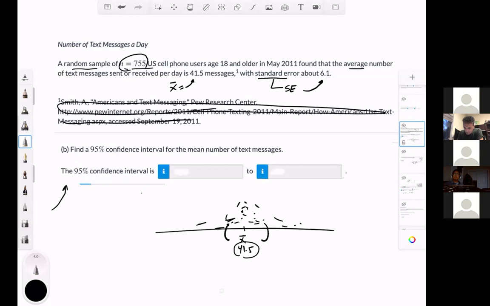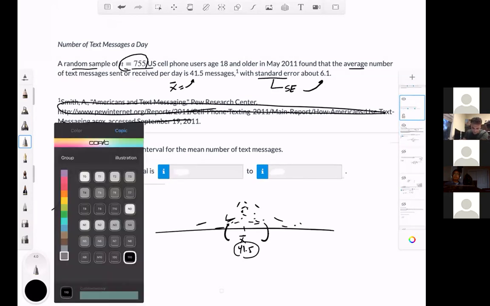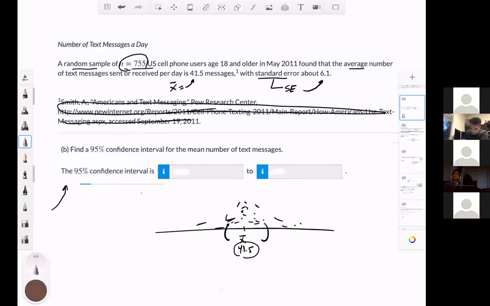Now let's go to part B. Find a 95% confidence interval for the mean number of text messages. So now we're dealing with an interval. You have two formulas. One of them is X bar plus minus 2 SE.